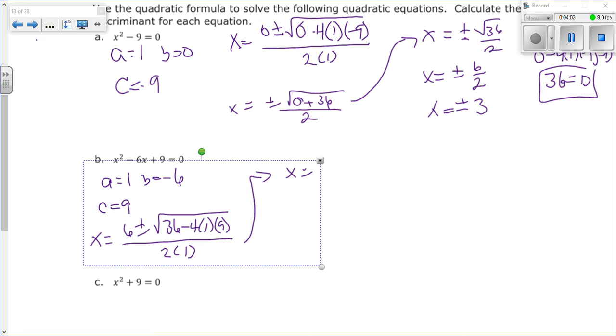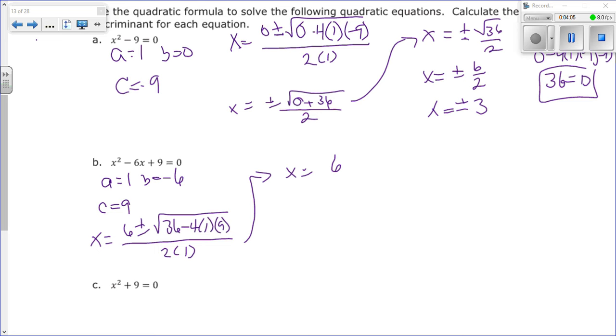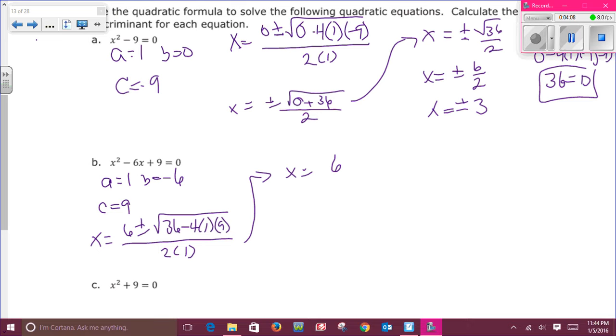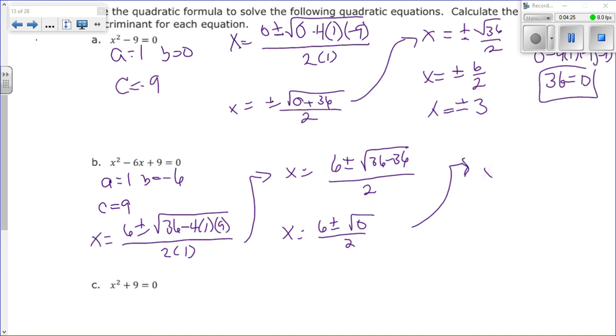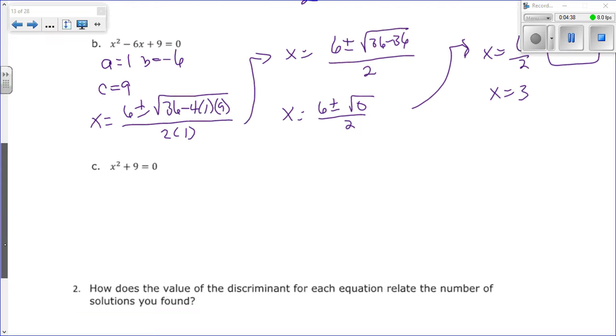So x equals 6 plus or minus the square root of 36 minus 36 all over 2. So x is equal to 6 plus or minus the square root of 0 over 2. So x is equal to 6 over 2. So x is equal to 3. My discriminant in this case was equal to 0 because that was the value underneath my radical.